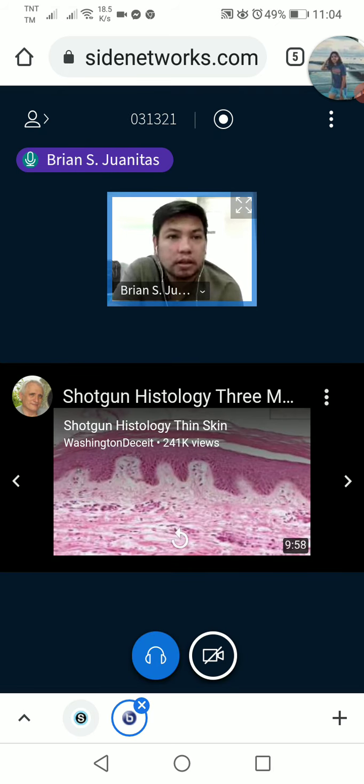Sarcomere. For the sarcomere, illustrate and draw the sarcomere using the electron microscope image, meaning the electron microscope image of the sarcomere. Identify and label the different zones found in the sarcomere of the skeletal muscle cell. What is a sarcomere, by the way?